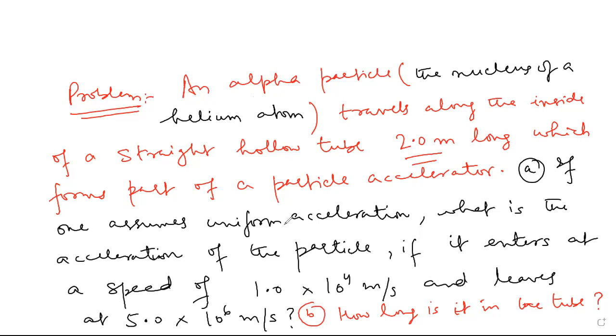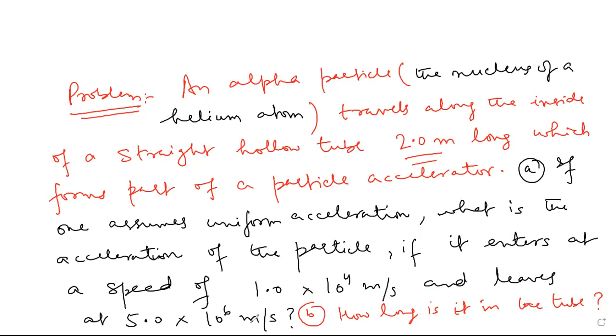You know, we have accelerators in which we increase the speed of particles, which are required in different experiments or different purposes. The question is saying when it enters the tube, it has some speed. When it leaves the tube, it has larger speed.